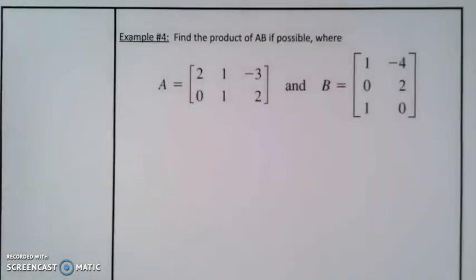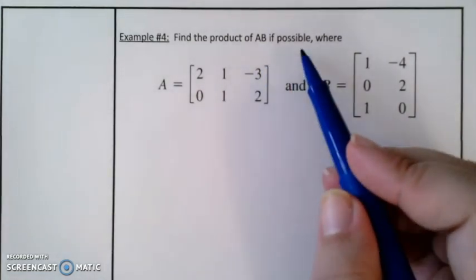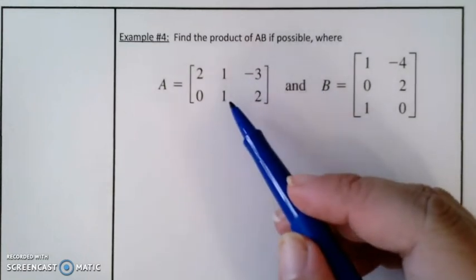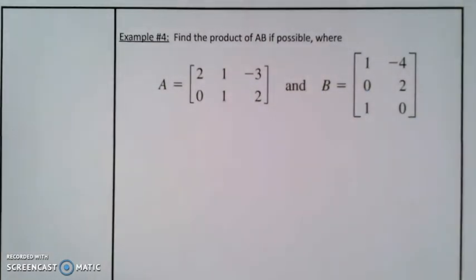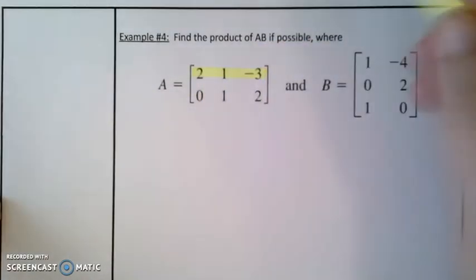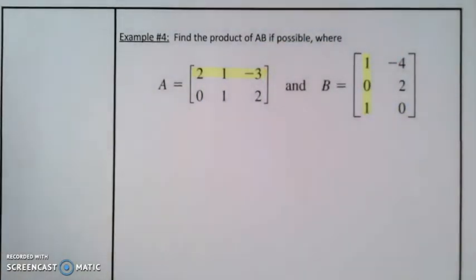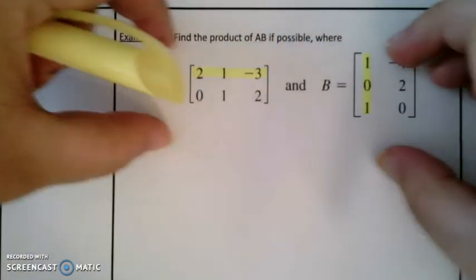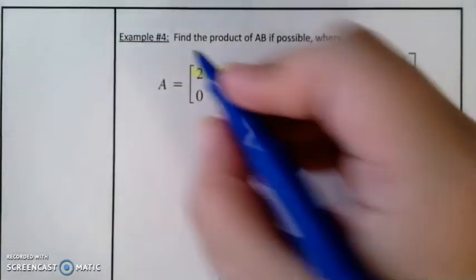Jumping into example 4, we find the product of AB, if possible, remember, because the number of columns of the first matrix has to match the number of rows. Okay, so the way that I remember how to do this is like writing a T. So I say this and this have to match. Okay, where the element that I'm finding is where, if I were to overlap these, where they would overlap.